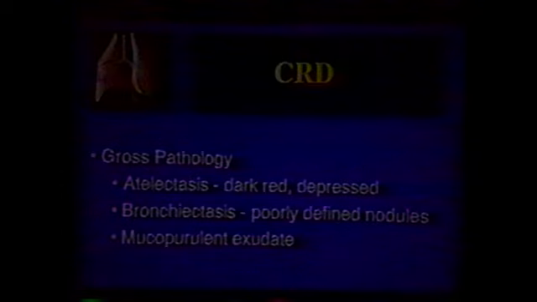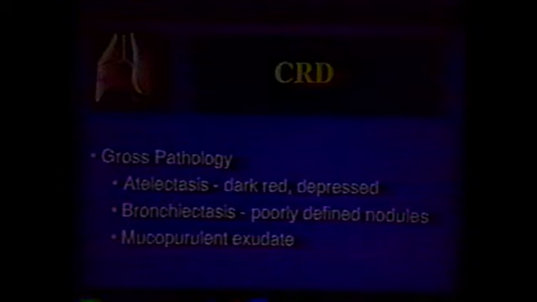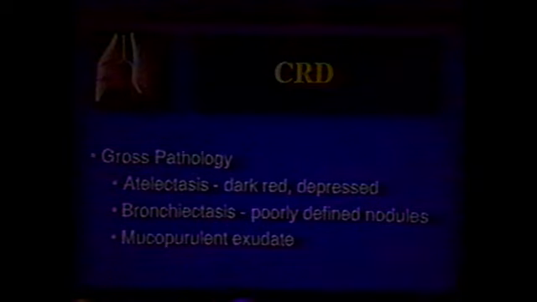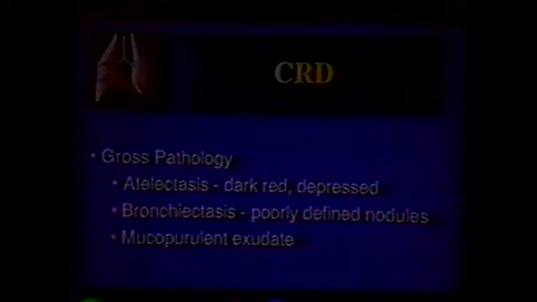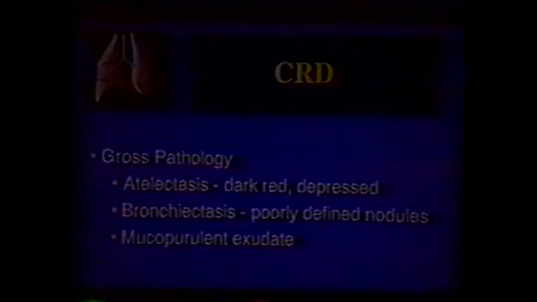What you may see early is that the lesions may be atelectasis, which always appears as dark red and depressed areas in the lung in whatever species we're dealing with. Pulmonary atelectasis looks the same in all species. And then classically, bronchiectasis. And it is this bronchiectasis that separates the disease from Corynebacterium kutscheri infection, I think.